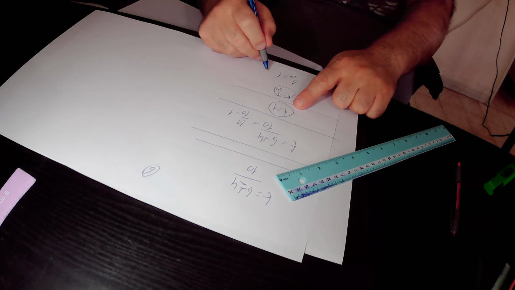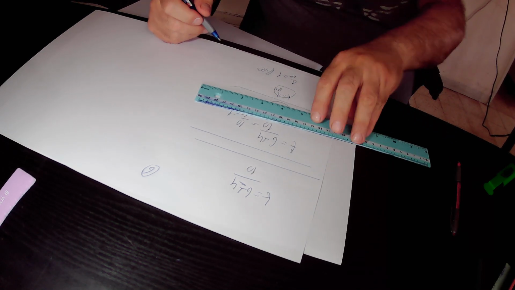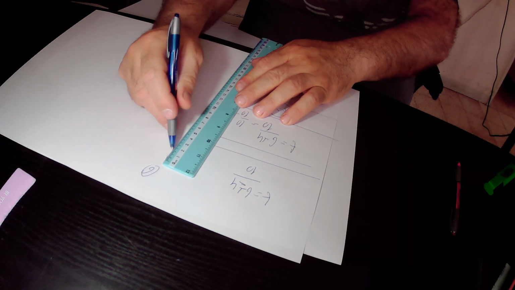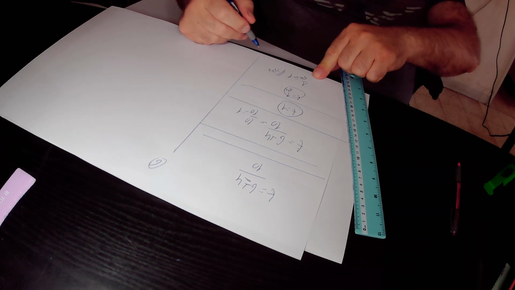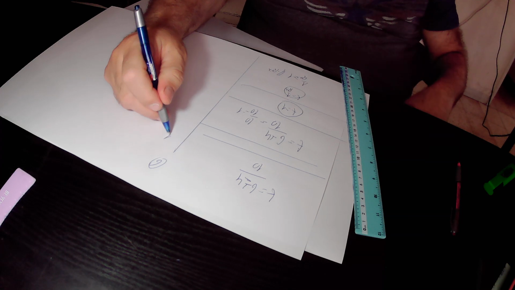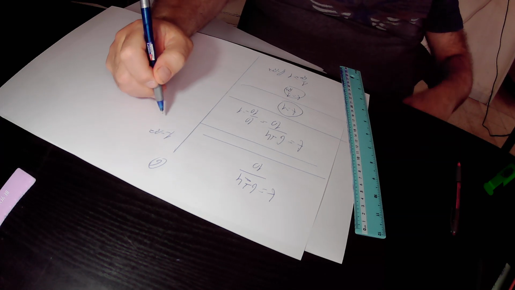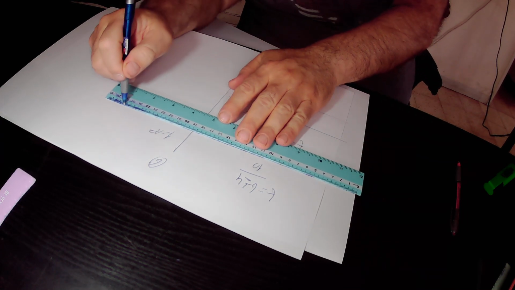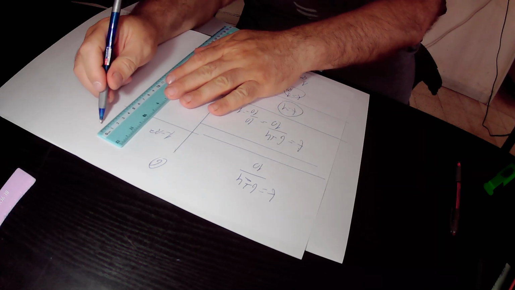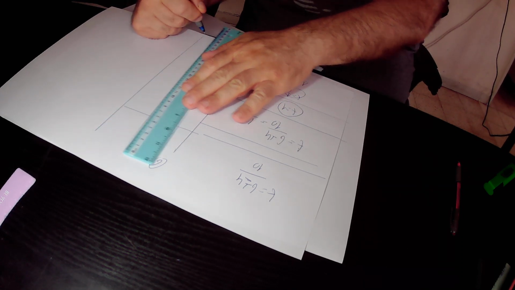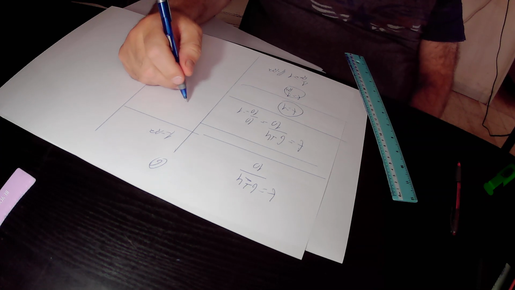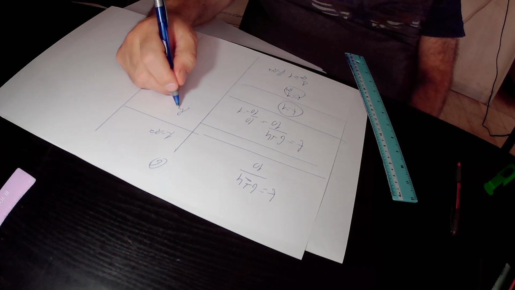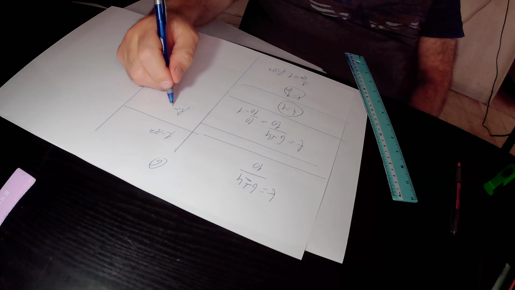Here we multiply this equation by r squared, and we get that 1 equals to r squared. So here we take a root out of this equation, and finally we get that r, this is the value that we are looking for, is equals to the square root of 1, that is 1.